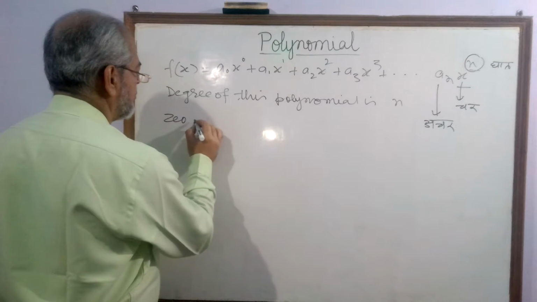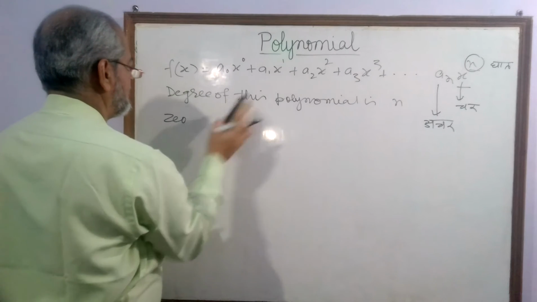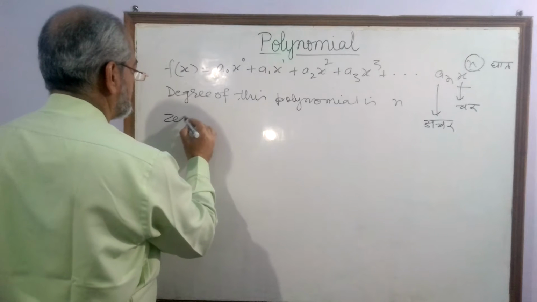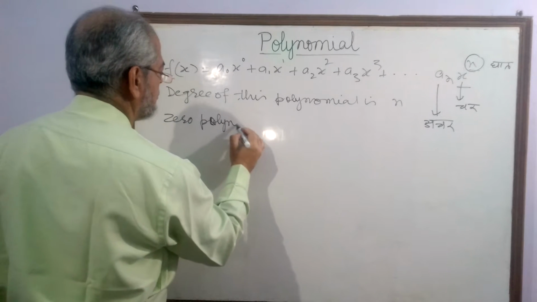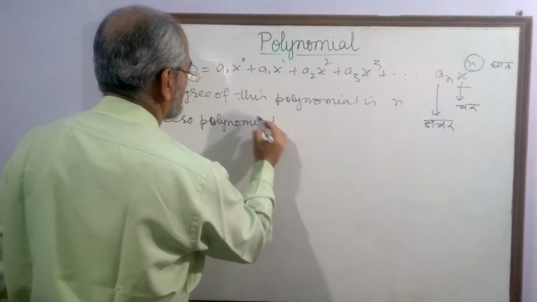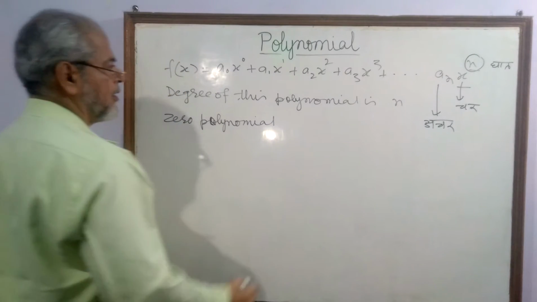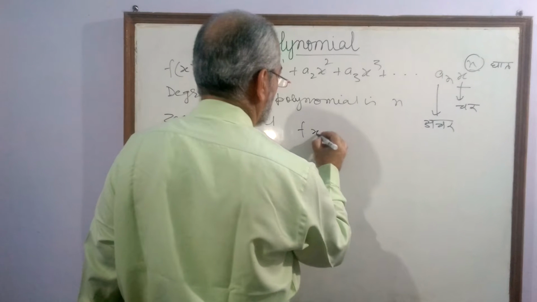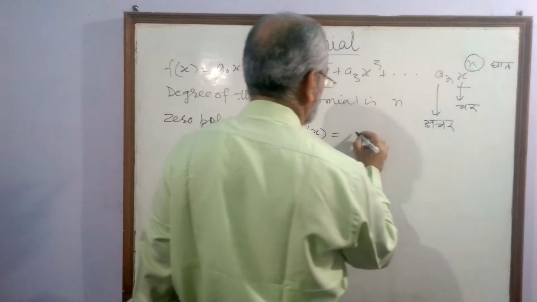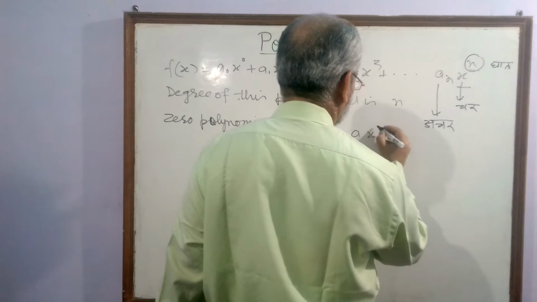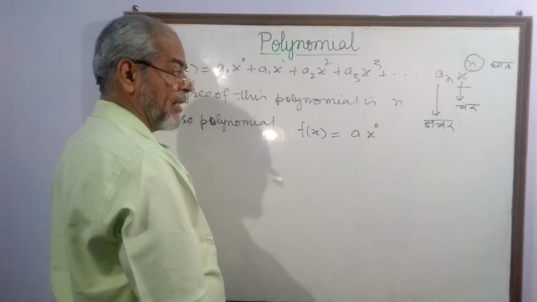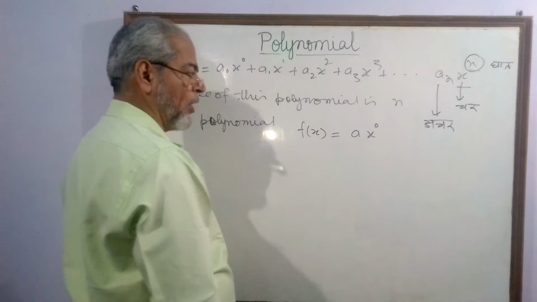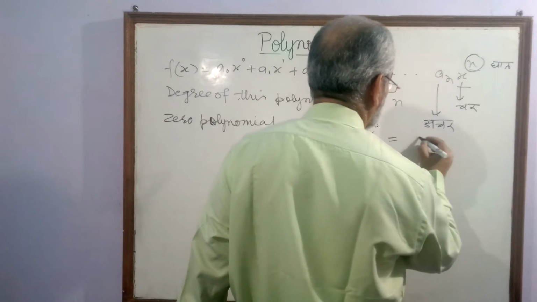Zero polynomial: f(x) = a x^0, and you know that x to the power 0 is equal to 1, so this will become equal to a.